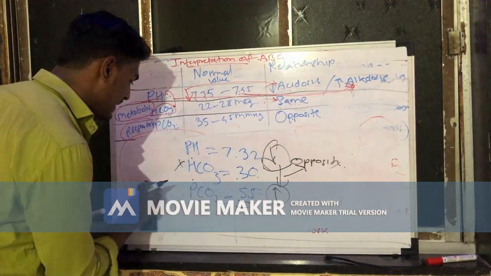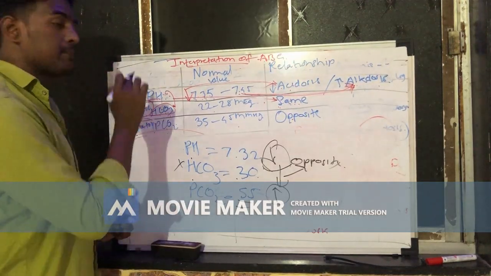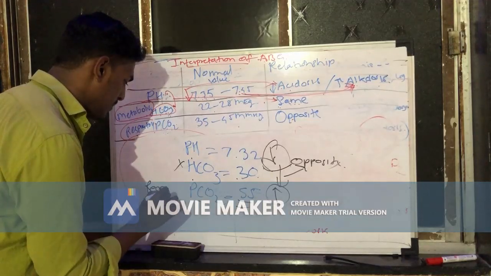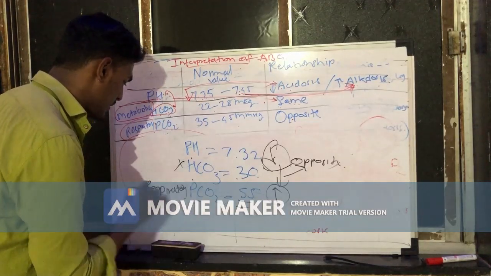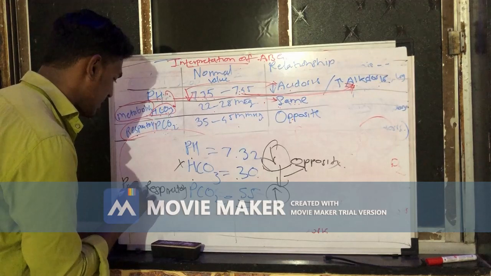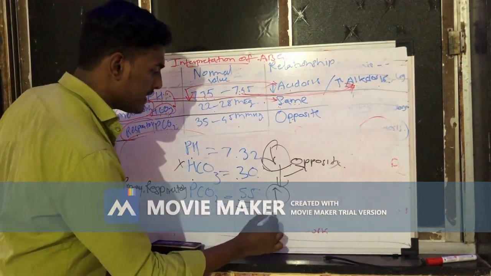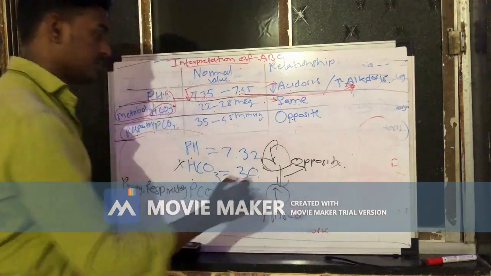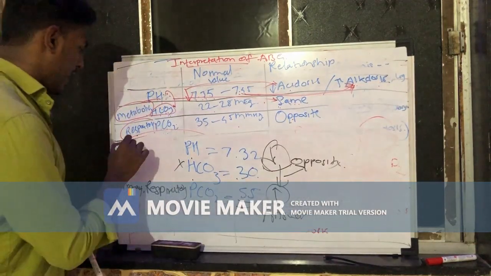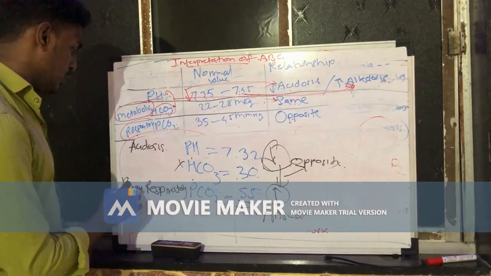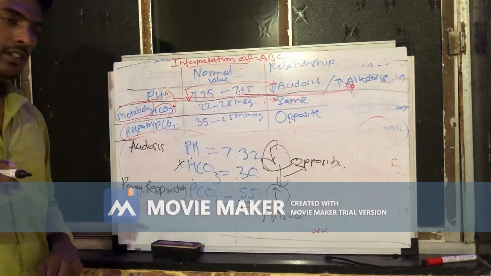So what does PCO2 say? Respiratory factor. So this is primary respiratory. Okay. Now give me the interpretation, give me the answer. pH is less, acidosis is there. So primary respiratory acidosis.